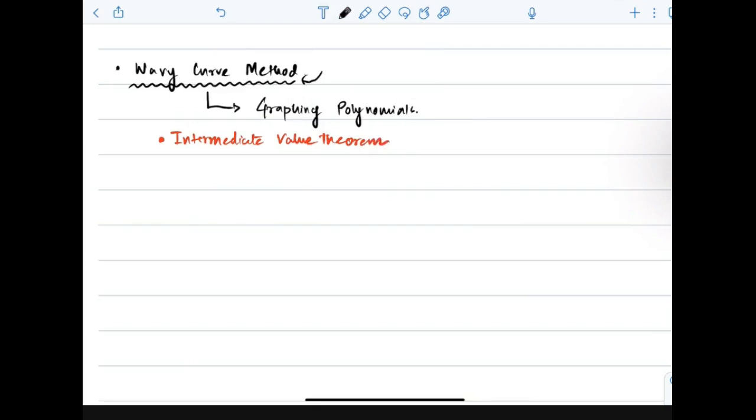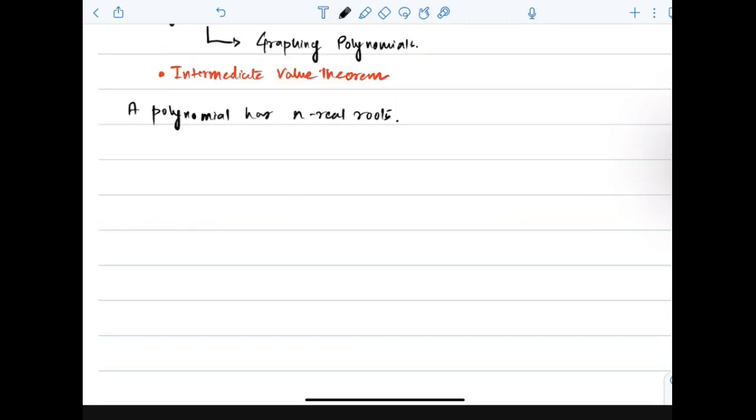It's simple. So let's say a polynomial has n real roots, and it's of the form P(x) is of the form x minus. Let's say the roots are a1 less than a2 less than a3 less than or equal to, and so on. It's an n degree polynomial only.